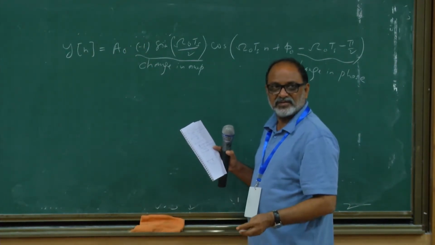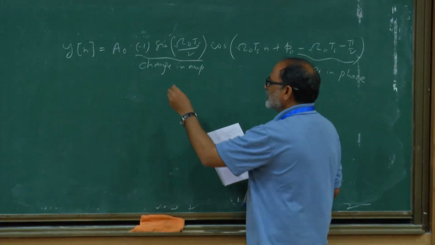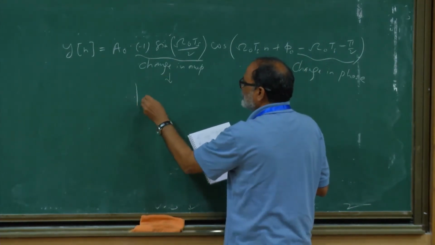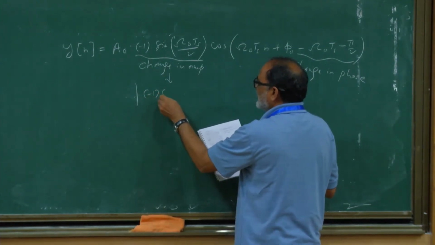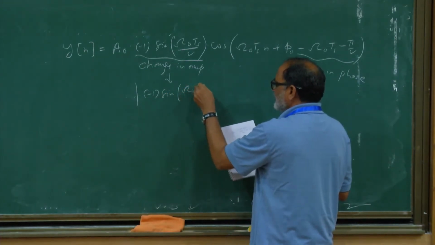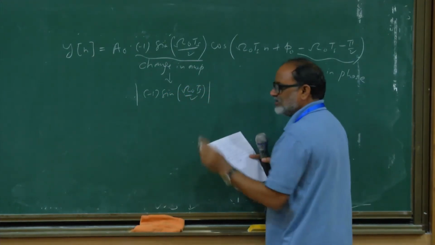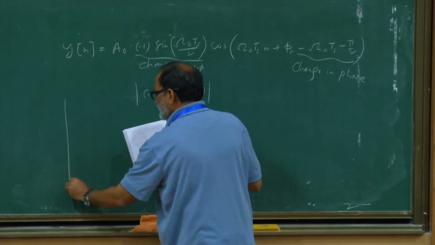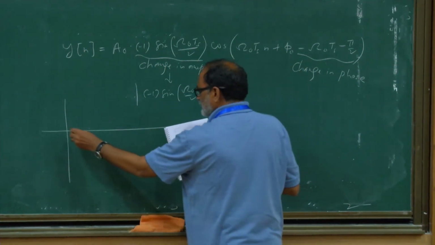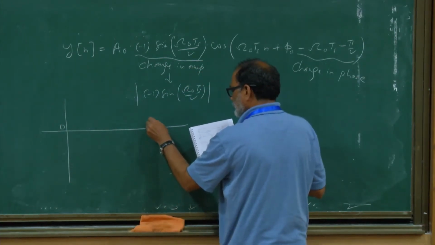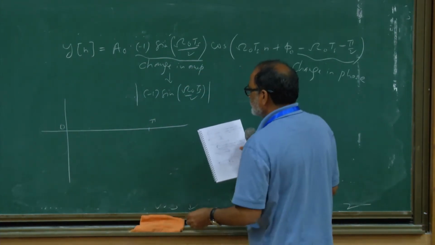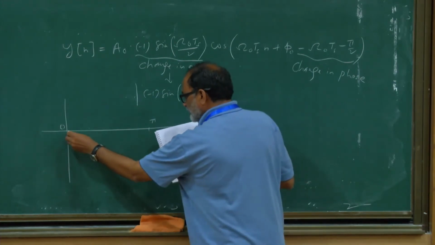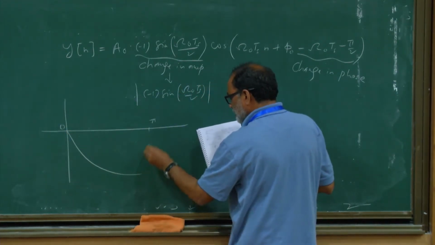So modulus of sine omega, that is the change of amplitude. So the modulus of minus 1 sine. That's correct. Now sketch this as a function of small omega.